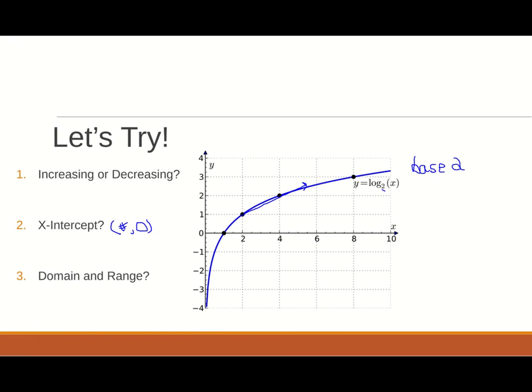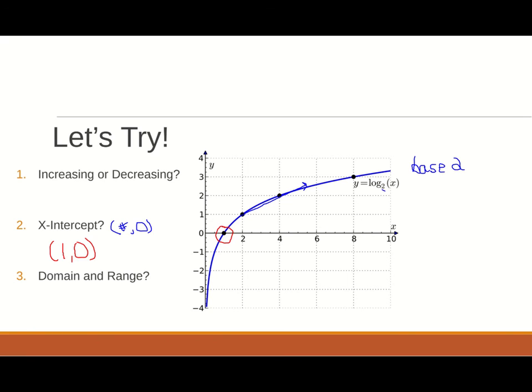So when we plug that in, we determine that the x value is 1. We can look at the graph or we can plug it into the equation and build a table. And we see it right here. So once again, (1, 0) is our x-intercept.